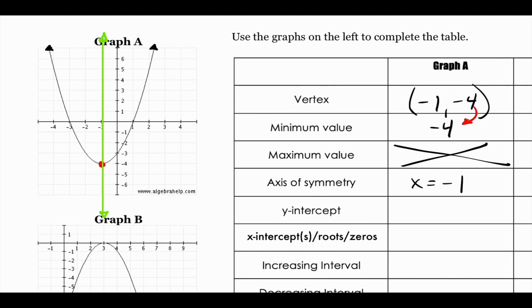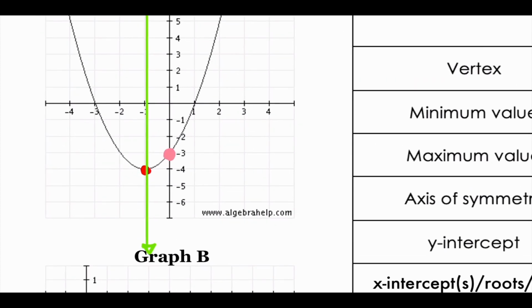Y-intercept. Where does it cross the y-axis? That pink dot. Right? How do I get to this pink dot? Don't say negative 3, because if you just say negative 3, that's just a number.